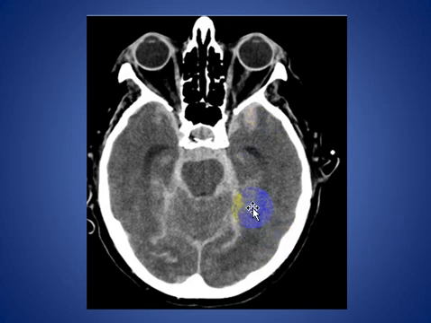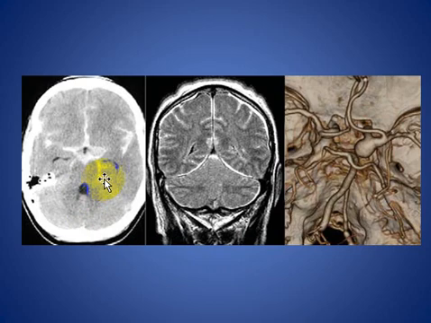Here, patient with subarachnoid hemorrhage appearing hyperdense around the pons, the suprasellar cistern and sylvian fissure. Here, another patient with subarachnoid hemorrhage in the suprasellar cistern, ambient cistern, peduncular cistern, and in the sylvian fissure, more on the left side.